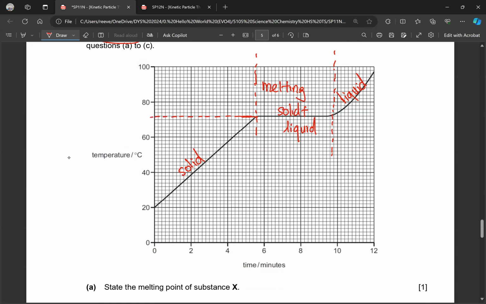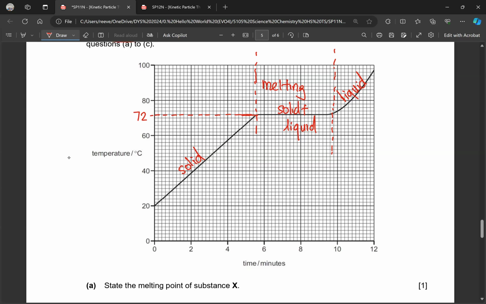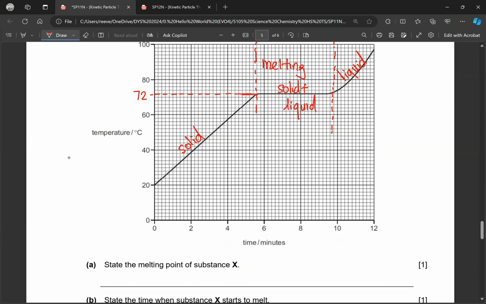And this number, I think, is 72. Correct me if I'm wrong, but every square is 2. So you can count. I think it's 72. Every small square represents 2.